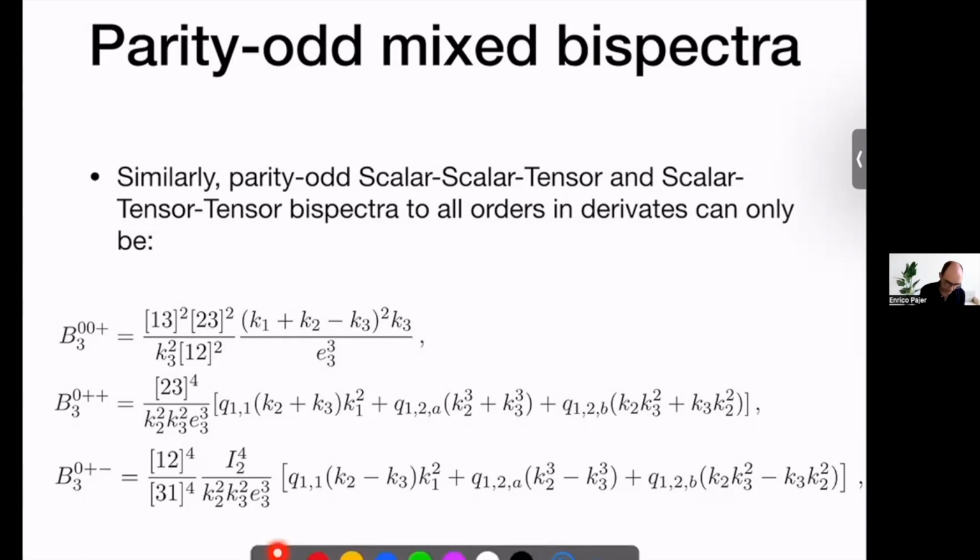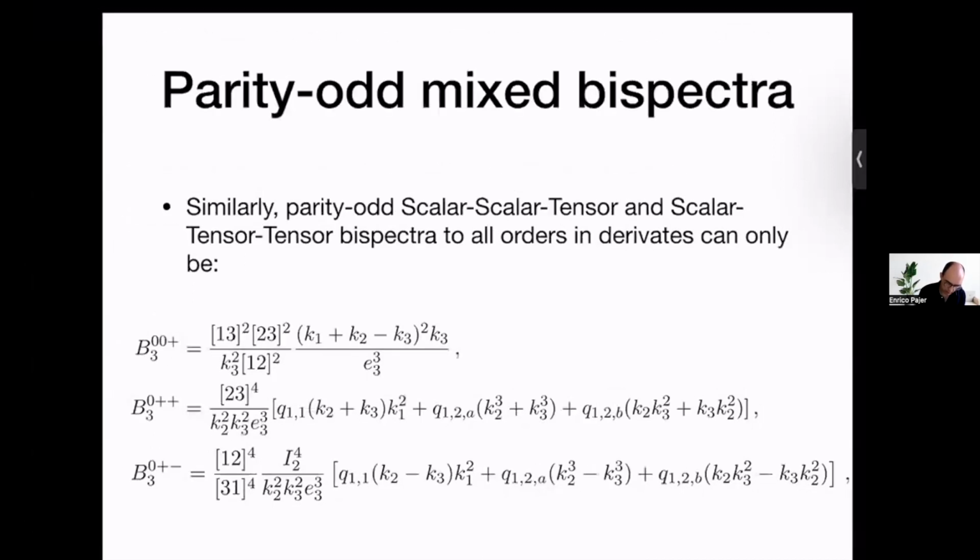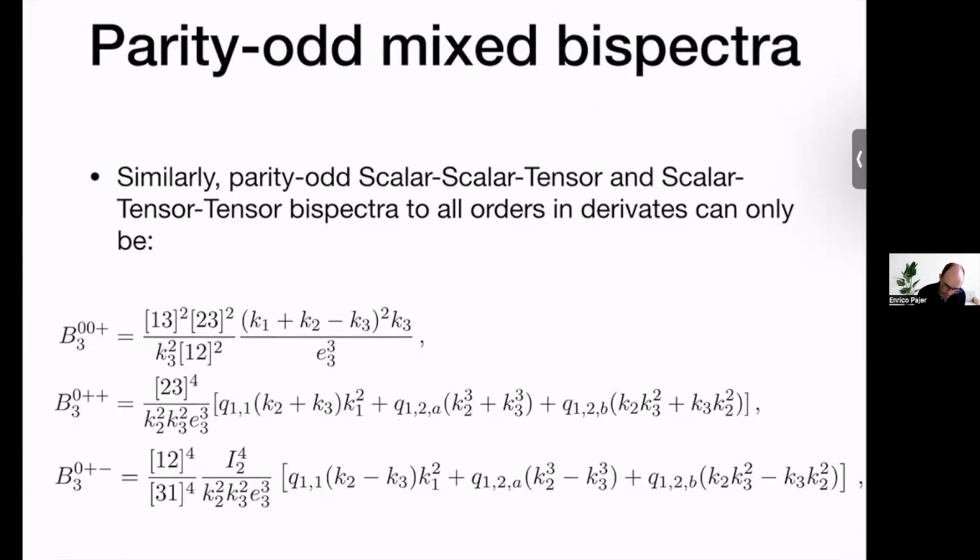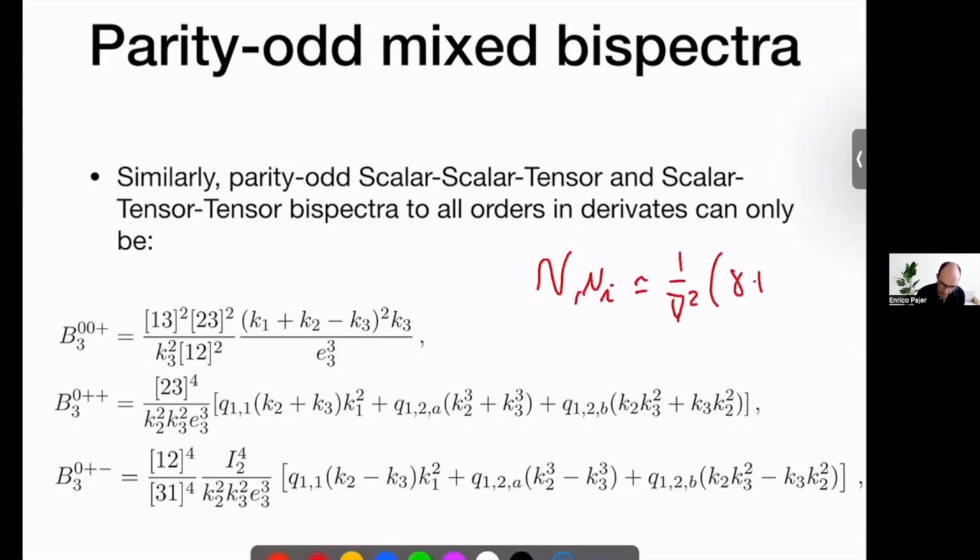So we have N and N_i, schematically, they could be gamma plus gamma squared plus gamma cubed plus and so on. I claim that the linear term can never appear because you cannot mix a scalar with a tensor or a vector. So this can only appear.